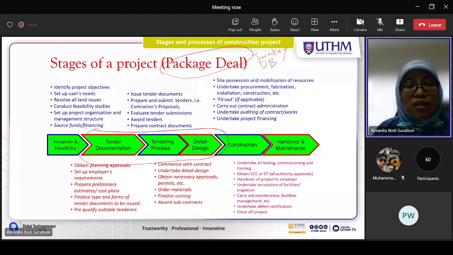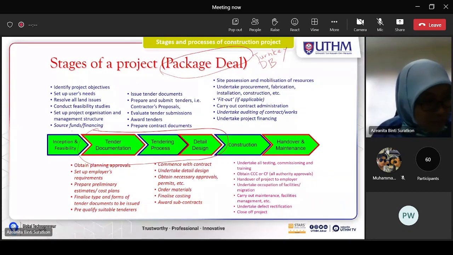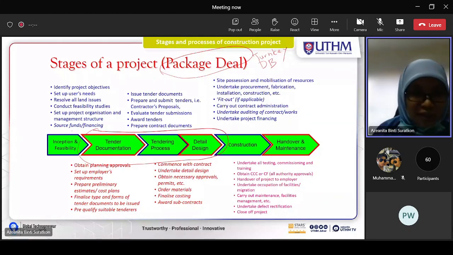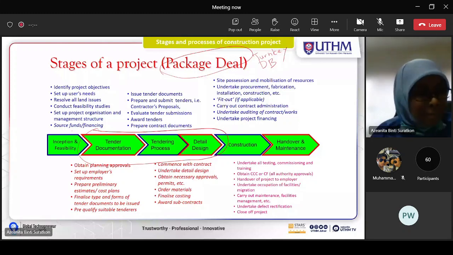Why after inception and feasibility do they have tender documentation and not straight away design? Any idea? Want to try? Anybody? Mention your name and then try to answer.